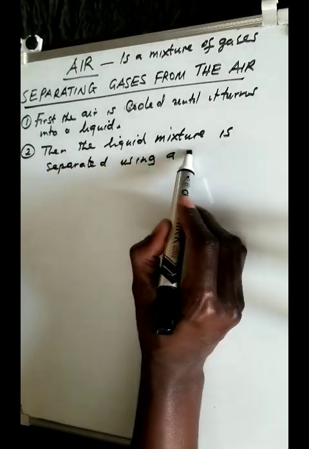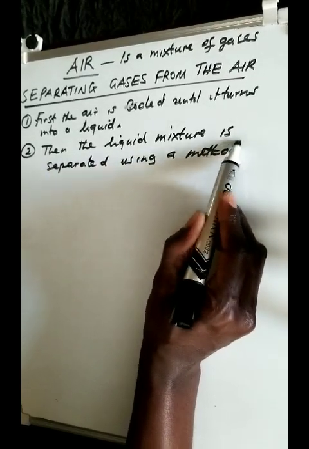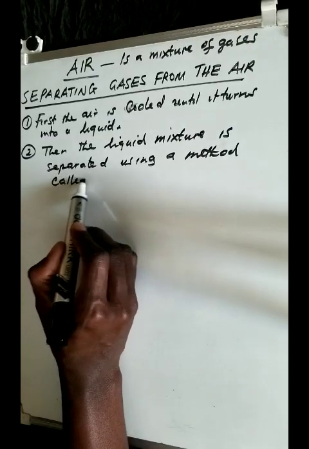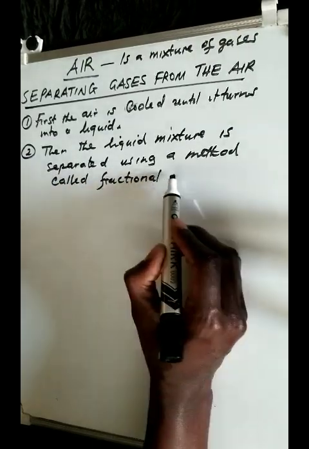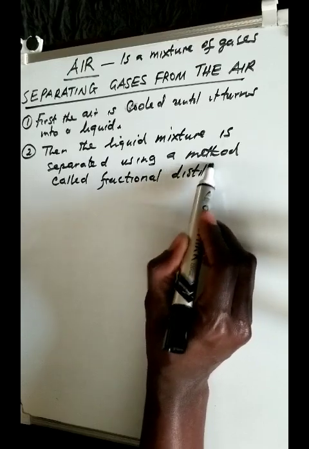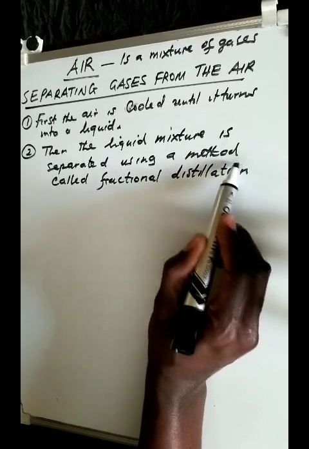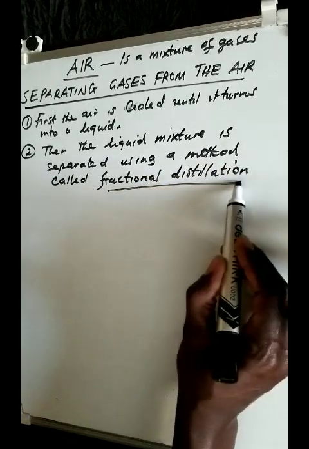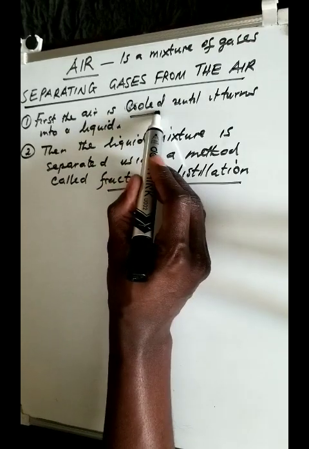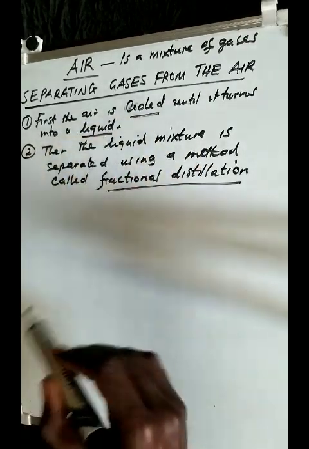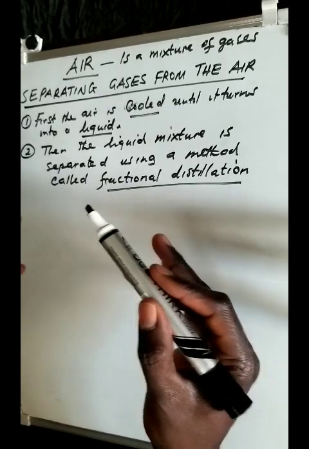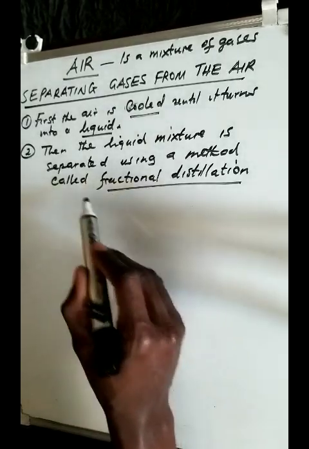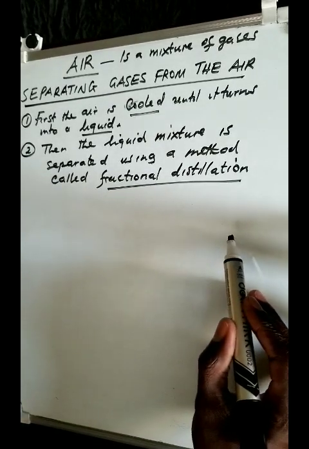Fractional distillation is a method that we use to separate liquid air. So initially it is cooled until it becomes a liquid. Then the liquid mixture containing those gases is separated using fractional distillation.